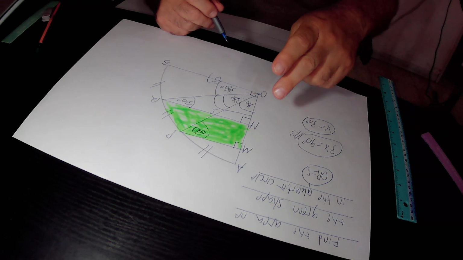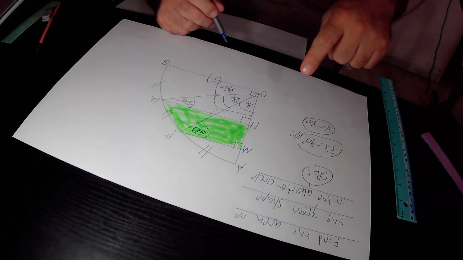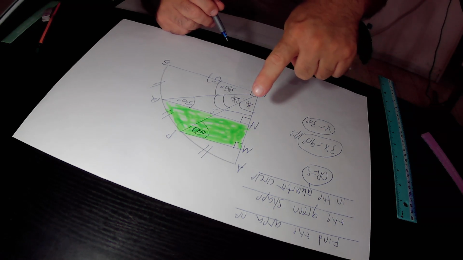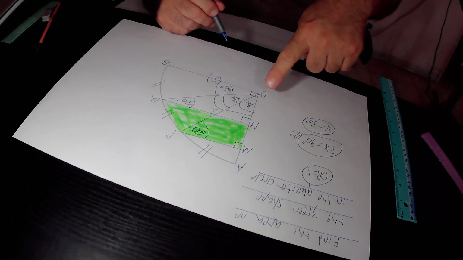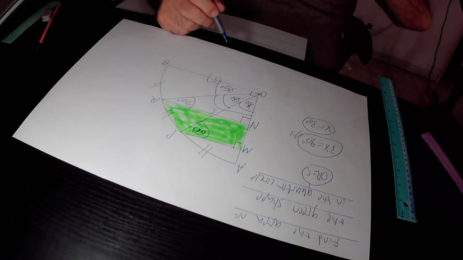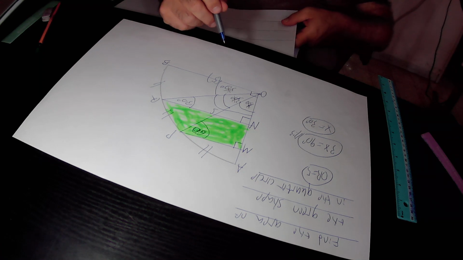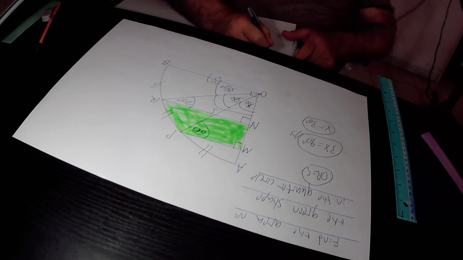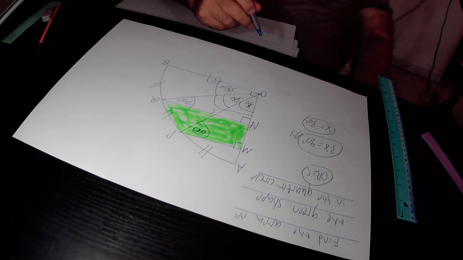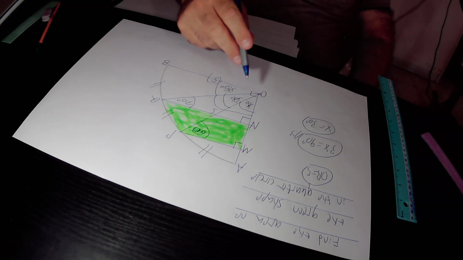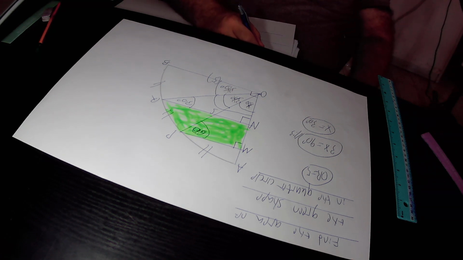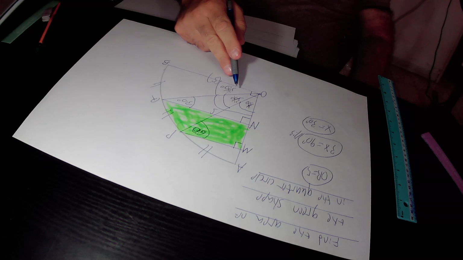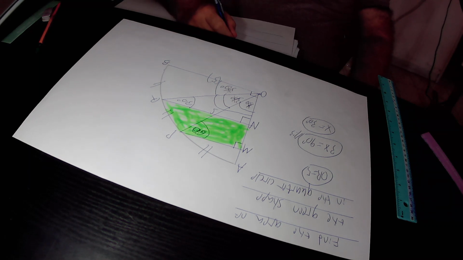And therefore the area of this right triangle MPO must be equal to the area of the green quadrilateral MPSN plus the area of this small right triangle NSO. So write it down. The area of the right triangle MPO is equal to the area of quadrilateral MPSN plus the area of this small right triangle NSO.